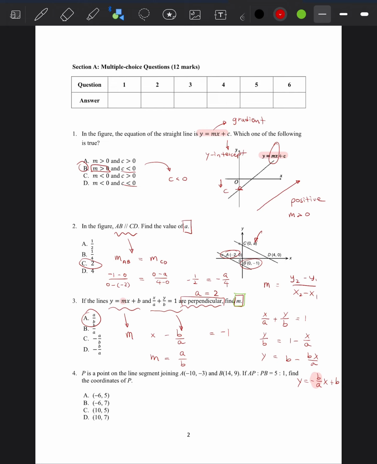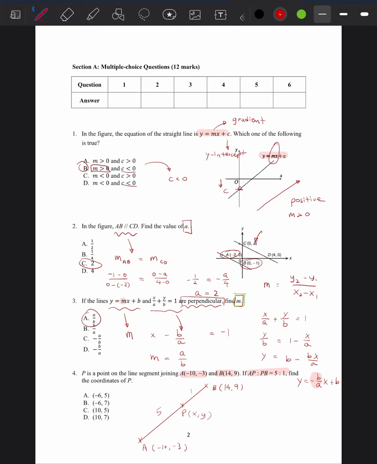Number 4. It says P is a point on a line segment joining A and B. So A, we have a coordinate. It's always good to draw it out, because a lot of you didn't know that P is the point in between. So here is P, and we give it coordinates x and y. The information they give you is the coordinates of A and B, and they also tell you the ratio. Once you have the ratio, you know they're talking about the section formula.